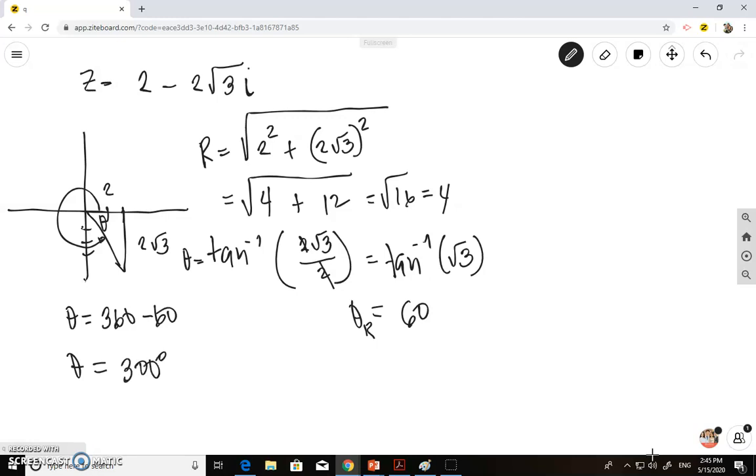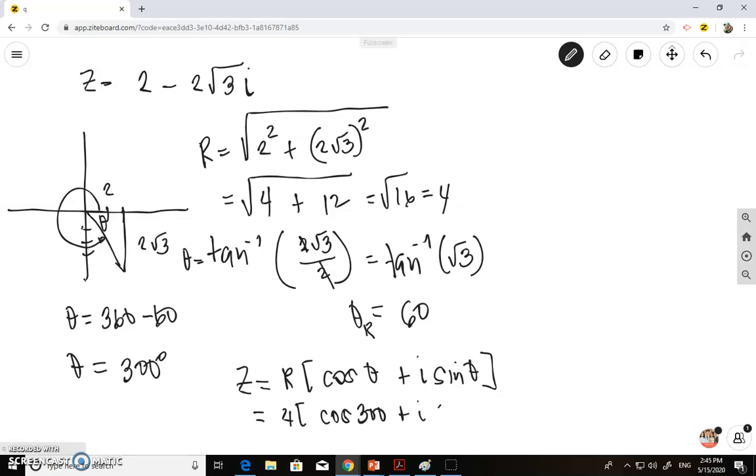To write that in trigonometric form, we have z equals r times cosine theta plus i sine theta, where r is equal to 4. So z equals 4 times cosine 300 plus i sine 300 degrees.